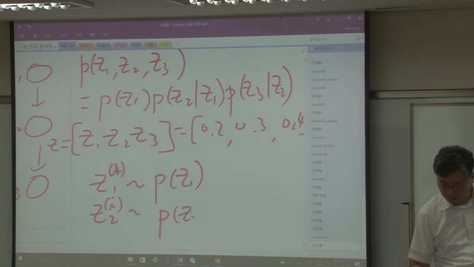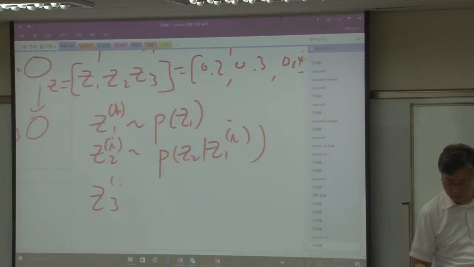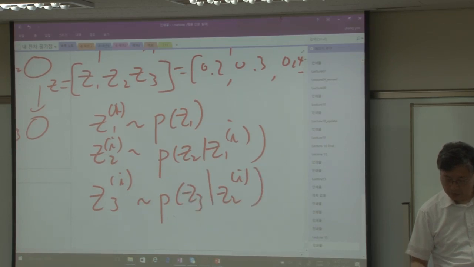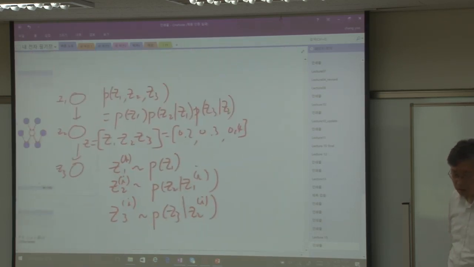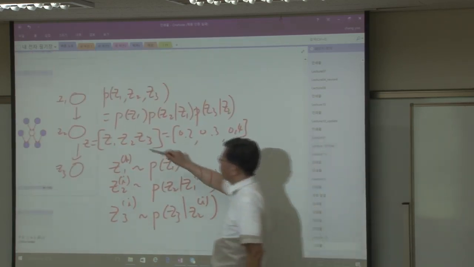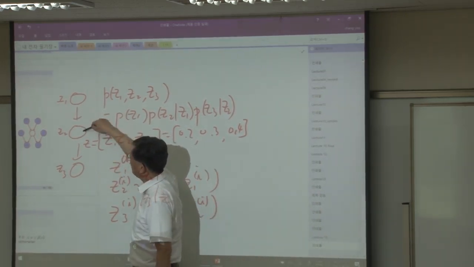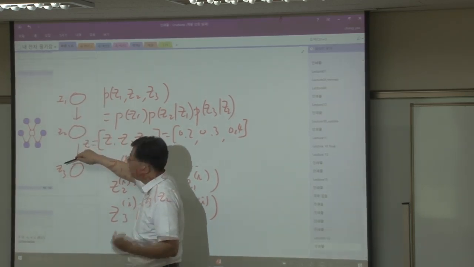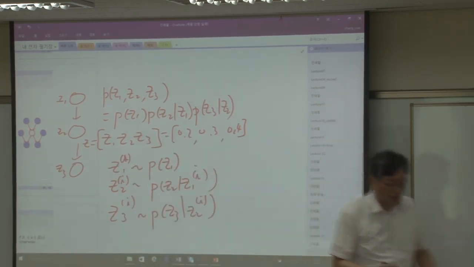And P(Z3) comes from Z2. You sample from one, and then based on that, you sample the next. Then you have a sample.